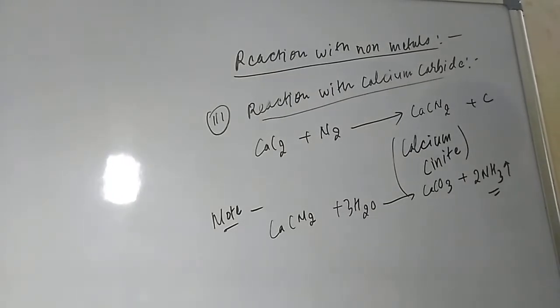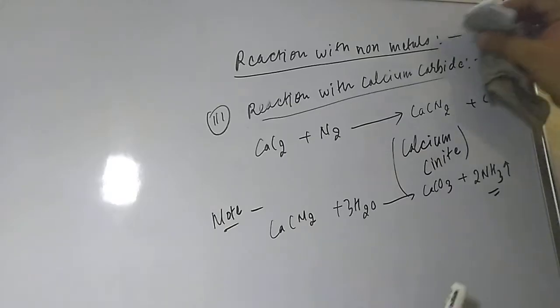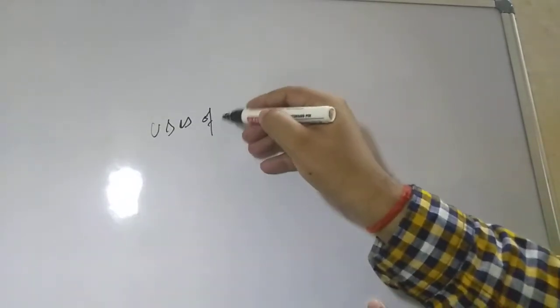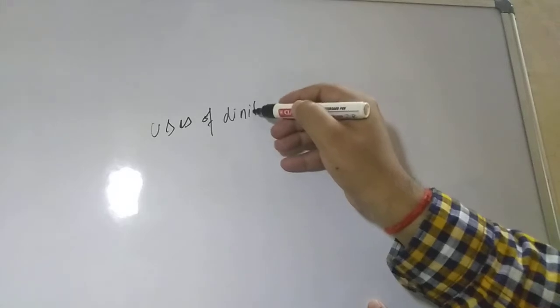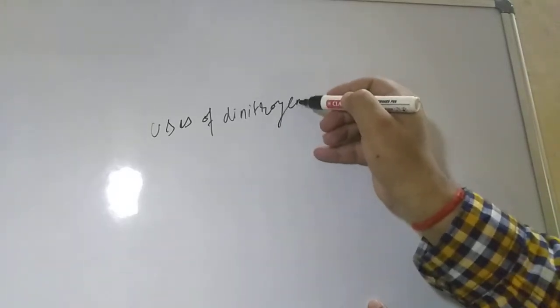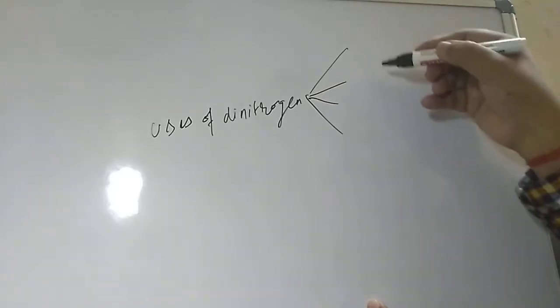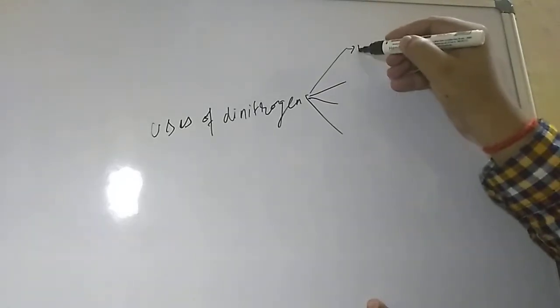Now we are going to study some of the uses of dinitrogen, and then this topic will be finished. There are several uses, but I am giving a few of them.